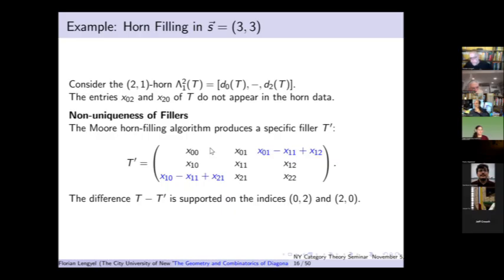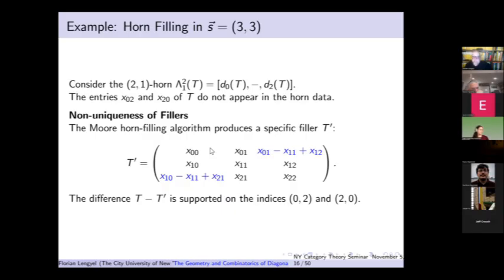Simplicial modules are Kan fibrations. All horns have fillers. You can always do this. There's an algorithm, a procedure for doing it.